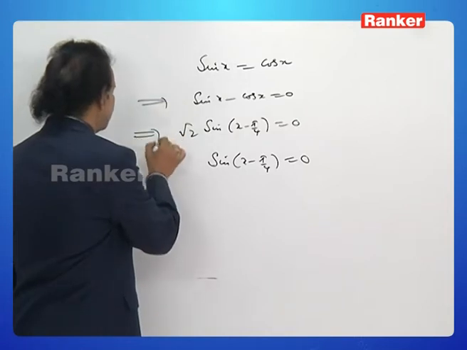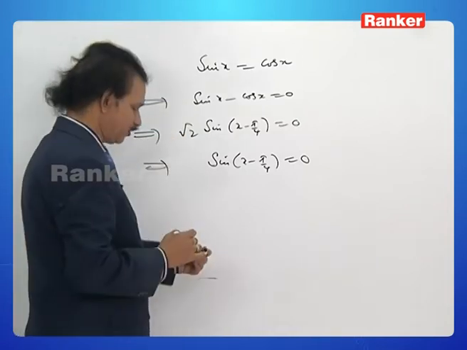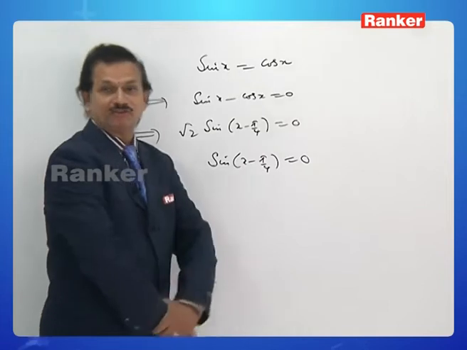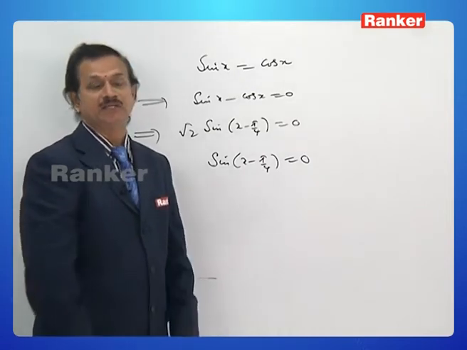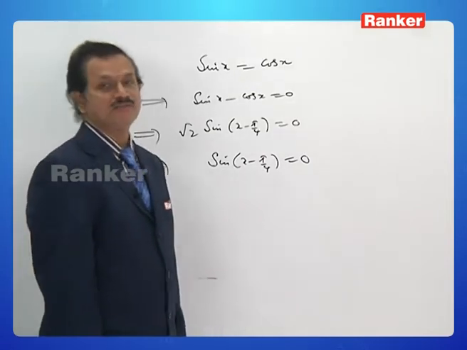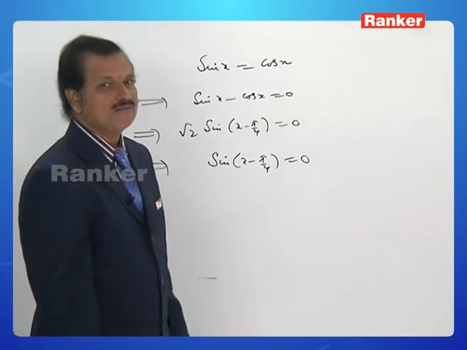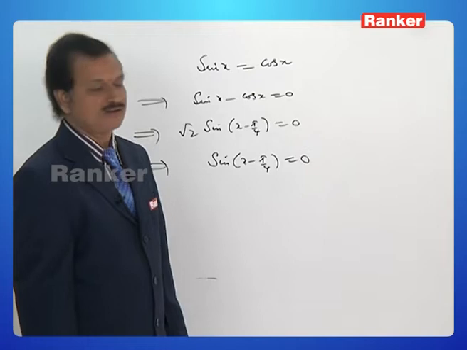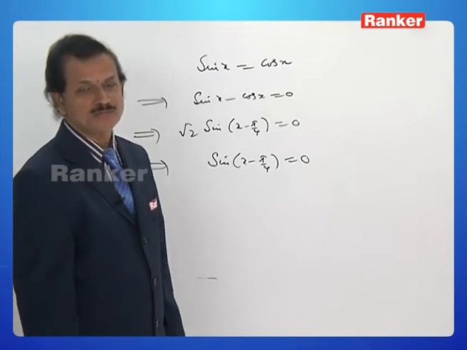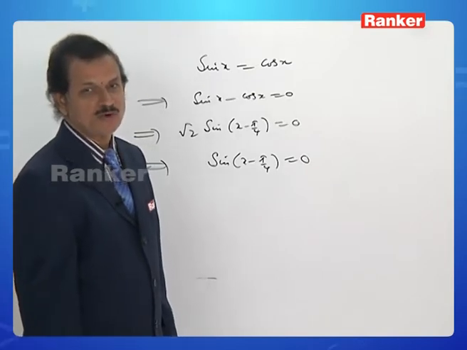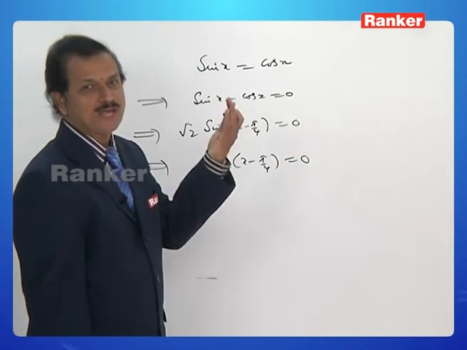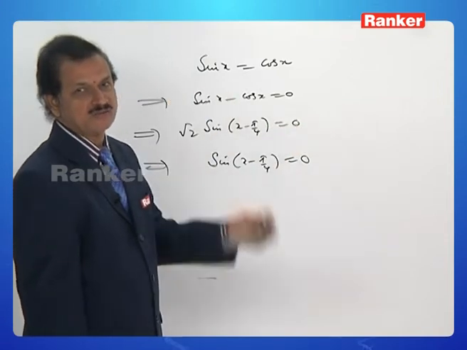While learning something about sin x, we could have drawn the graph of sin x, and from the graph of sin x itself, we could have noticed that the curve meets the x-axis at regular intervals of pi: 0, pi, 2 pi, 3 pi, 4 pi, and so on to the positive side, minus pi, minus 2 pi, etc. to the negative side.